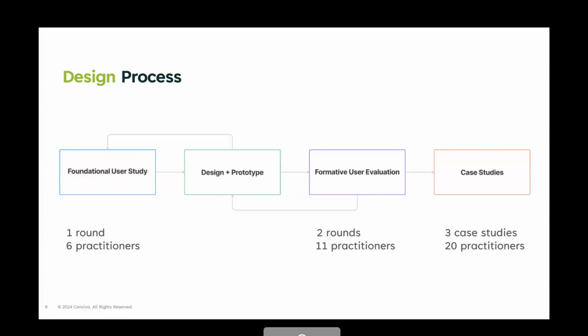Next, based on these insights, we created a low fidelity prototype, and then we went back to those practitioners and got their feedback. We improved the prototype, and then we turned it into a functional high fidelity prototype. With that, we did 2 rounds of formative user evaluation with 11 additional practitioners, and we got lots of feedback. Again, we improved the prototype based on their feedback.